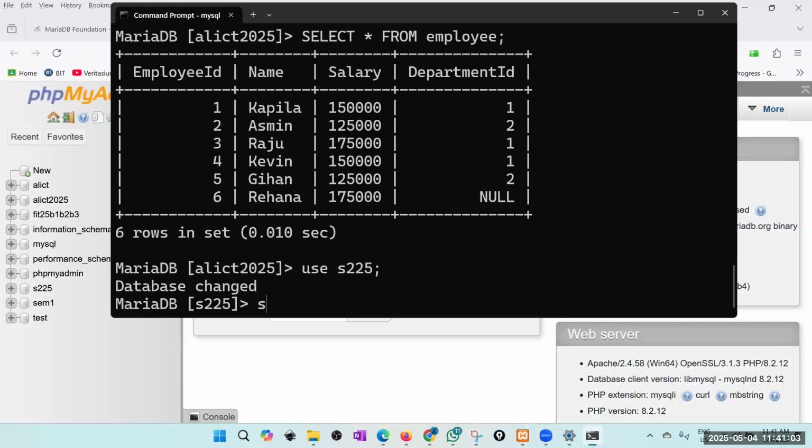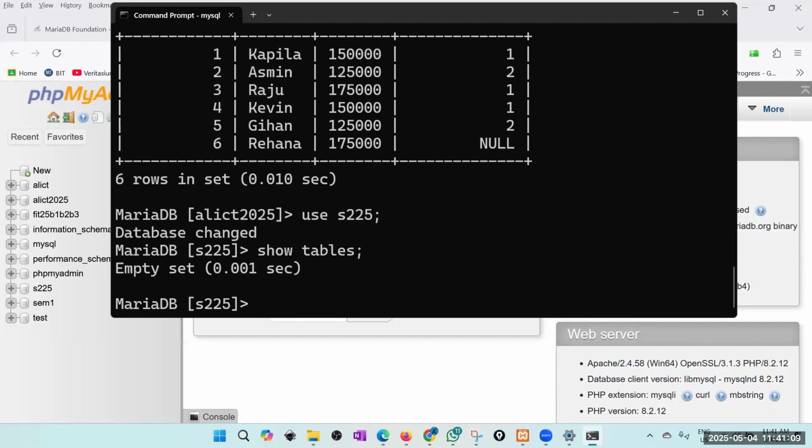Now, if I type show tables, obviously it will say nothing because I have not created any tables. Right? Empty. So that is how you work with it. Now you can write all your SQL commands here. Make sure you are connected to the correct database using the use command. We'll come back to this later.